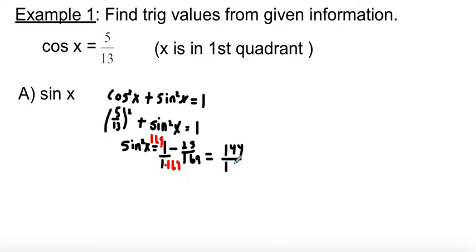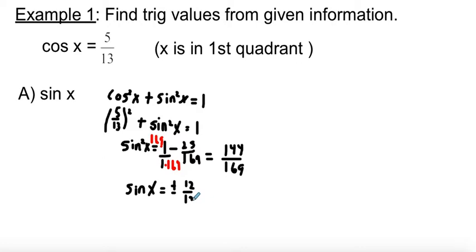Alright, and then once we have those, we can take the square root of both sides. So I'm just going to write down sine x. Taking the square root of both sides, we end up getting plus or minus the square root of 144 is 12, the square root of 169 is 13.